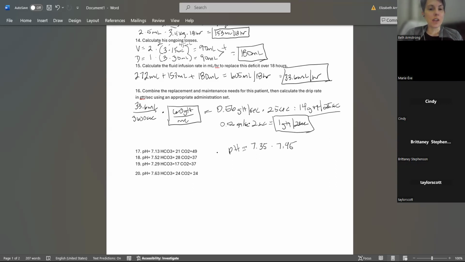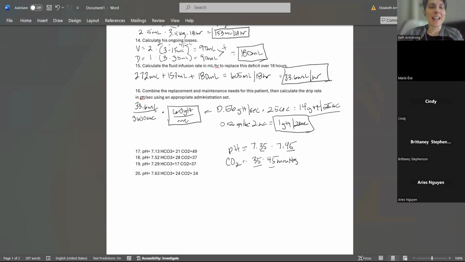Now, what are the normal ranges for CO2? 35 to 45. Good. A lot of you know that from anesthesia. A good way to remember is pH is 7.35 to 7.45, and CO2 is 35 to 45. Look how easy that is.